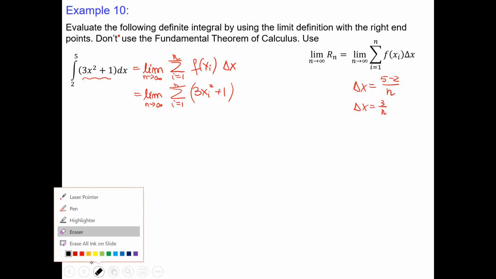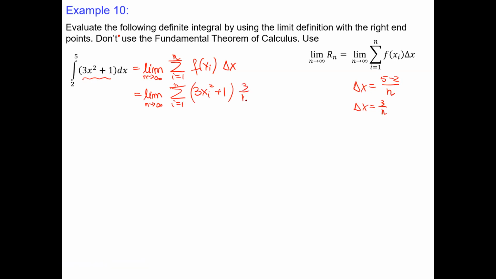And we will need x sub i. Okay, so we do have this formula. x sub i, using the right endpoints, is a plus i times delta x. a is 2, plus delta x is 3 over n times i. Yeah, I always change the order.